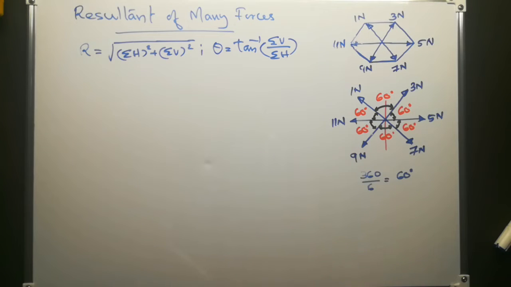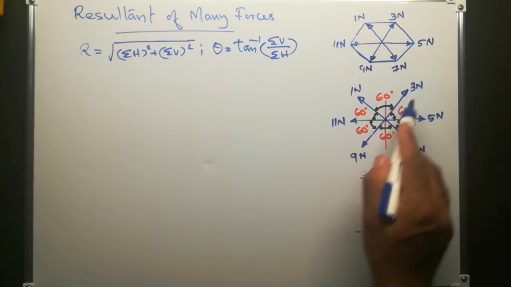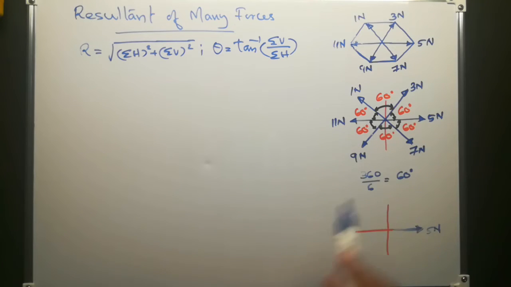Now, to resolve the forces into components, we will draw the axis, then we will show the forces. Here we have the 5 Newton force, and we have the components of 3 Newton along horizontal and vertical.